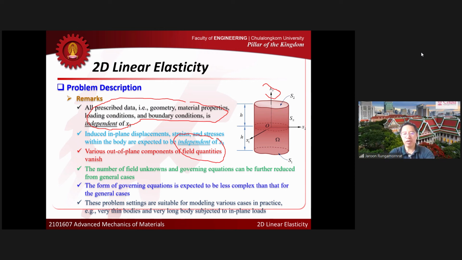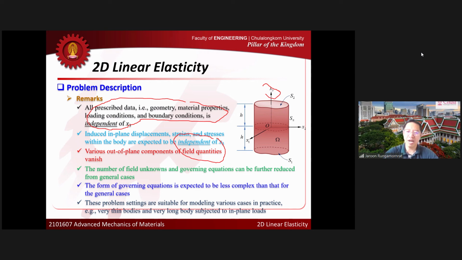For example, if you look at very thin bodies, like a very thin plate, or a body that's very long, where the length may be very large compared with the cross-sectional dimensions, then you will see that some of the assumptions that I made here are valid.